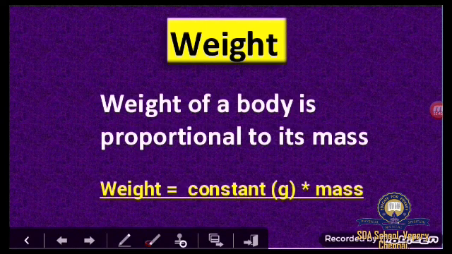So when we can measure the weight using the spring balance, we can calibrate, that is, we can calculate the mass using this formula, right? Weight of a body is proportional to its mass. So we can easily obtain the mass when we know the weight of a body.